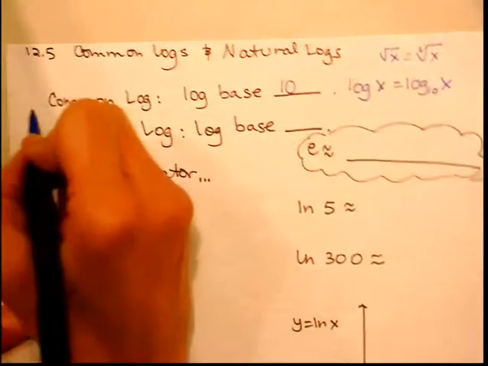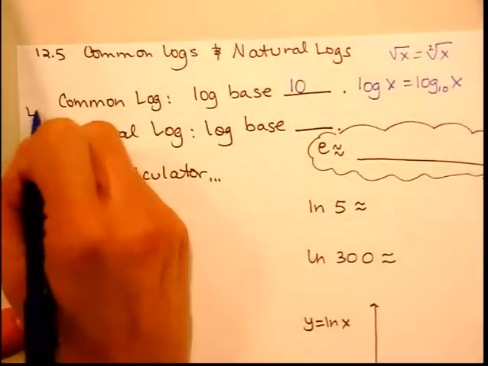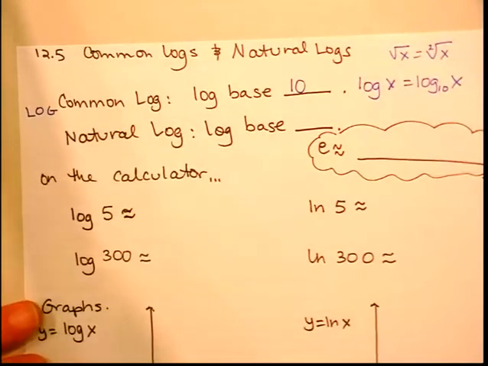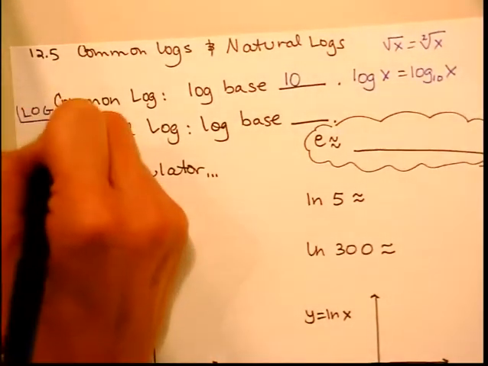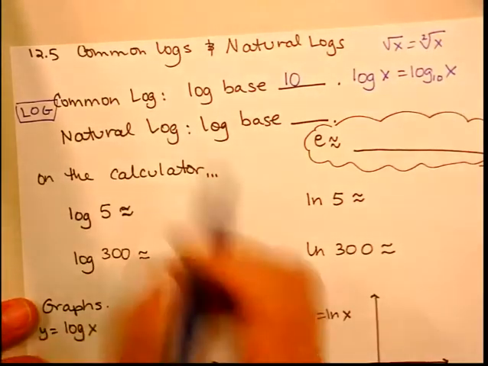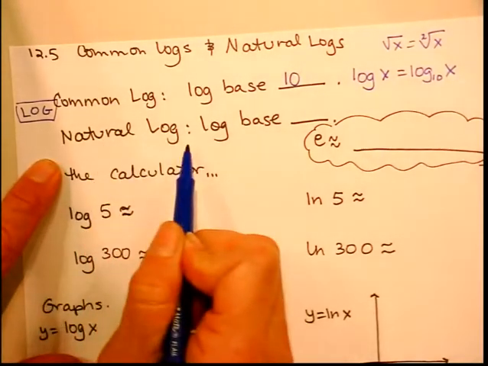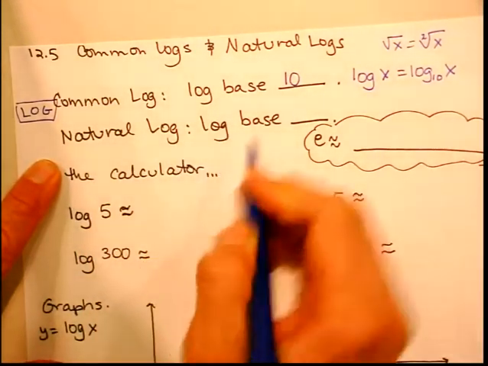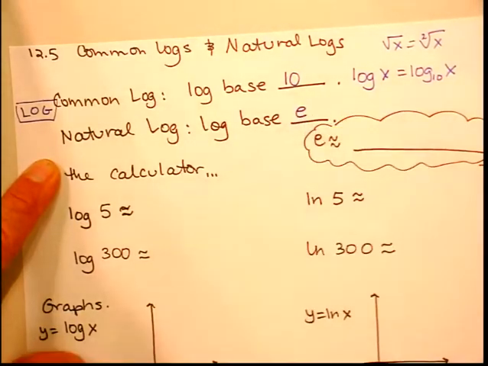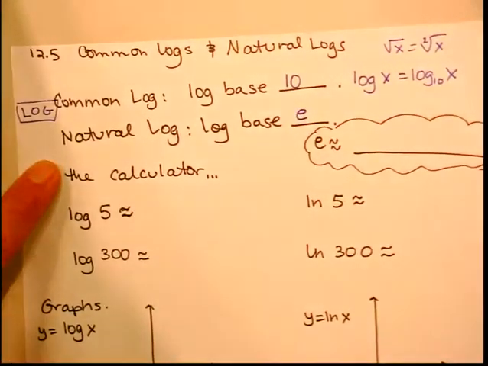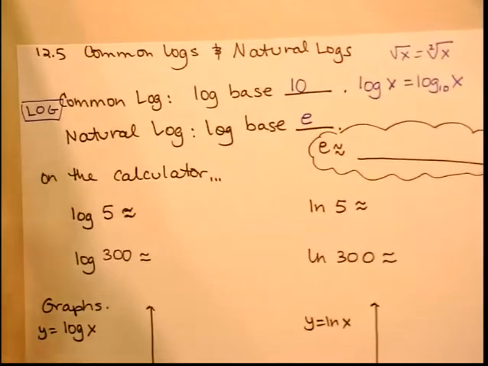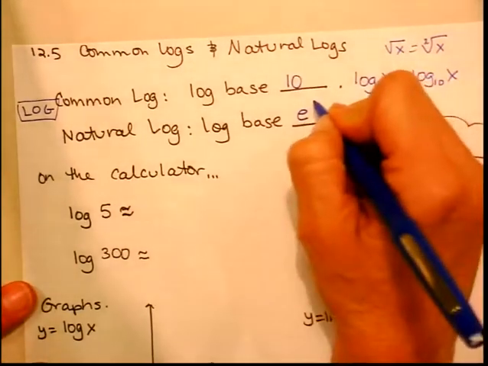And on your calculator, that's the button LOG. That's what the calculator button looks like. Now the natural log is log base E. I'm not sure if you know what the number E is. Have you guys ever heard of that? It's kind of like pi.